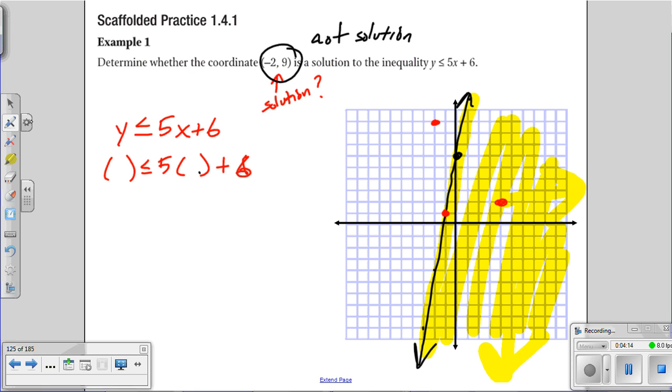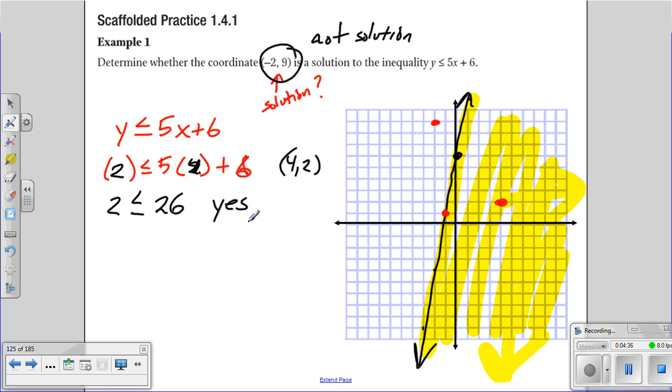So I'm going to test the point 4, 2. Again, plug 4 in for x and 2 in for y, going backwards. Is 2 less than or equal to 20 plus 6, which is 26? And the answer is yes, 2 is less than 26. So this is a solution.